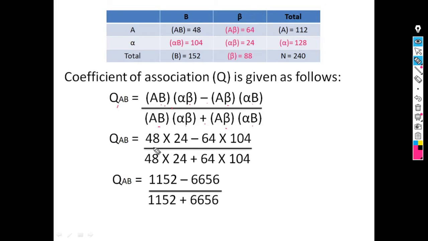Here AB is 48, alpha beta is 24, minus A beta is 64 into alpha B, the value of alpha B is 104, divided by the same value, only the change in the sign: 48 into 24 plus 64 into 104.